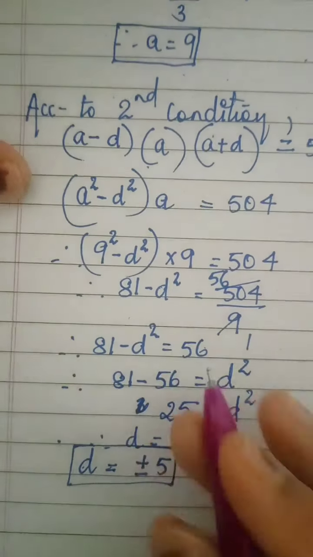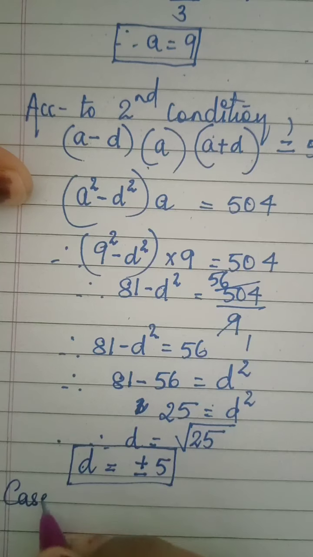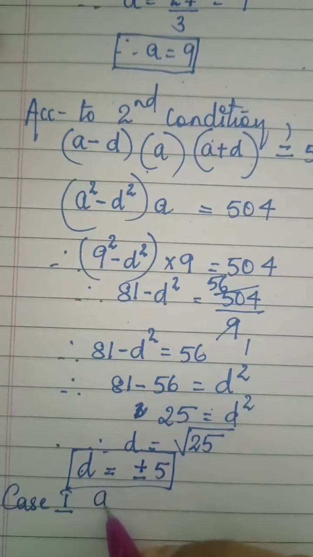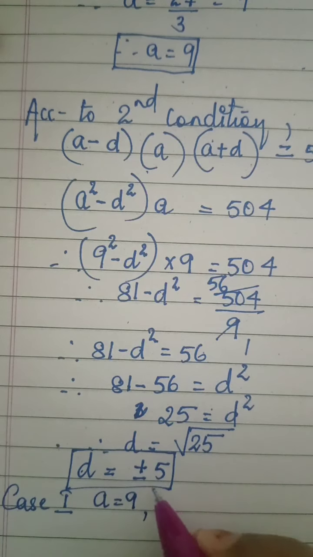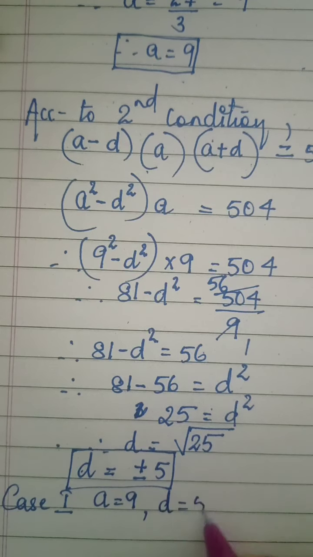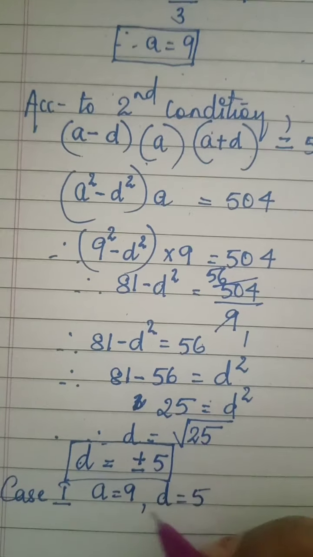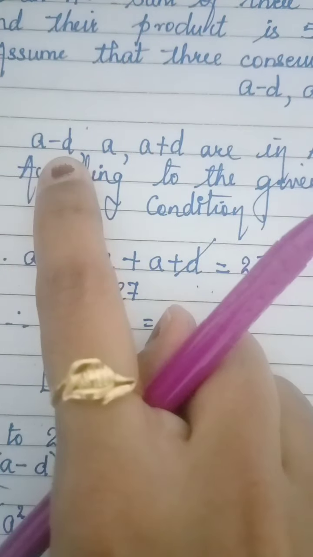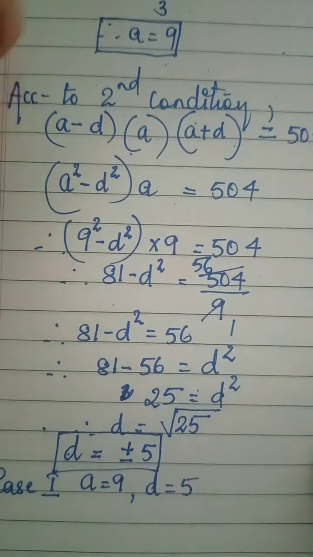So case 1. A's value you got is 9. If you are taking A as 9 and D as 5, there are 2 values for D. So in the first case I will take positive, plus 5. What is the AP? A minus D, A and A plus D. So put the values now.